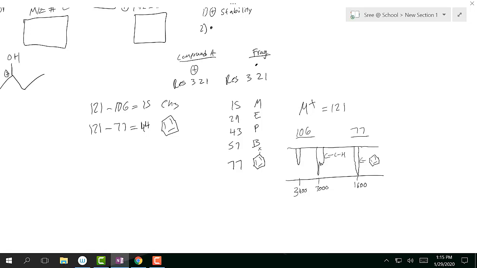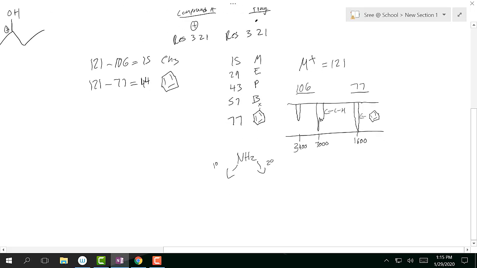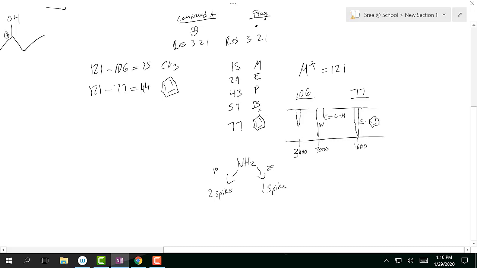So at 3400 or around 3300, if it has spikes, it's going to be an amine. But to know if it's primary or secondary, you have to look at how many spikes there are. For secondary, there's going to be one spike, and for primary, there's going to be two spikes. So it's kind of inverse. Because there's only one spike, we know that it's going to be a secondary amine.